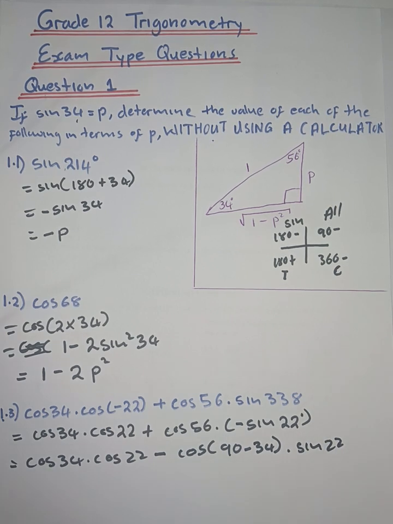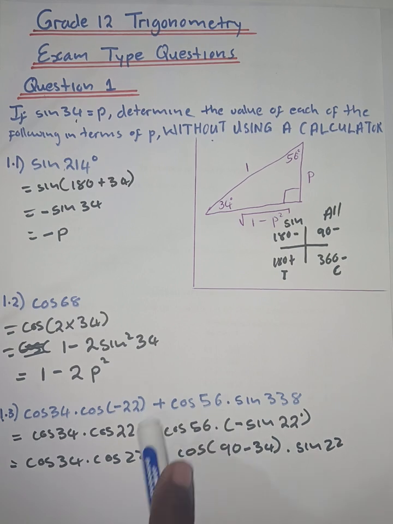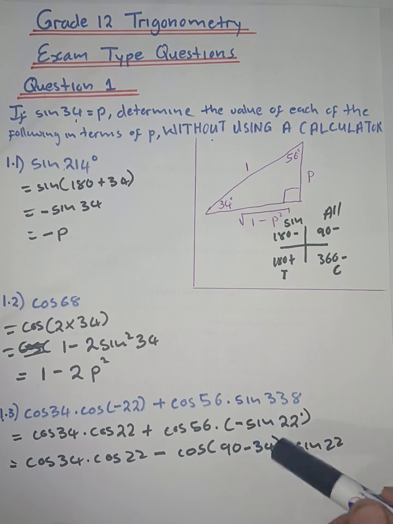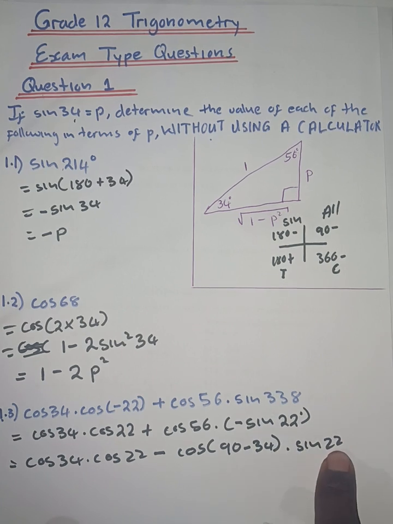The reason why I did that was because I wanted to change this cos to be sine, and also reduce that such that it matches the one that I have. In this case, it was supposed to be 34 because we already have a 22 there.